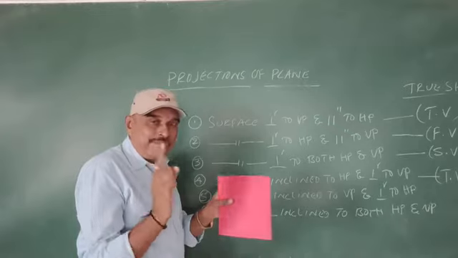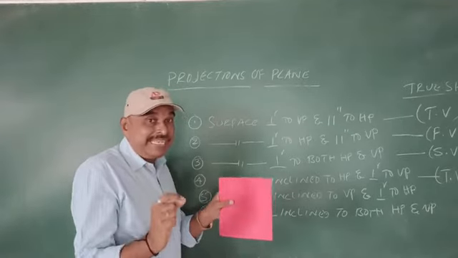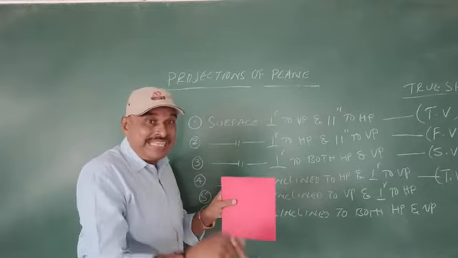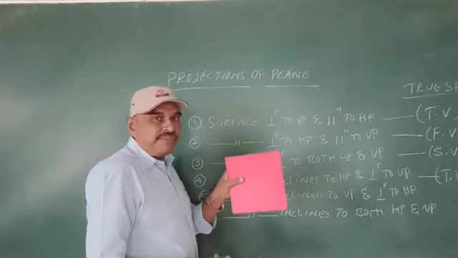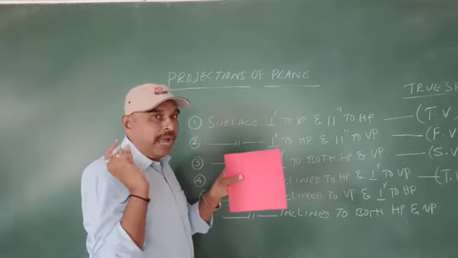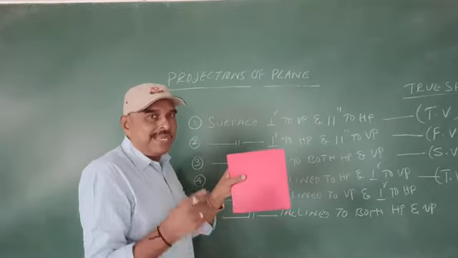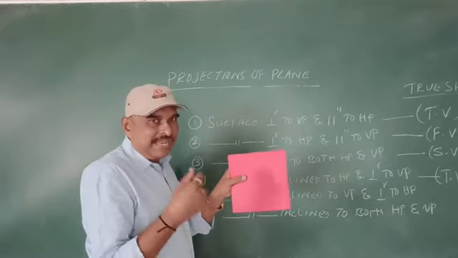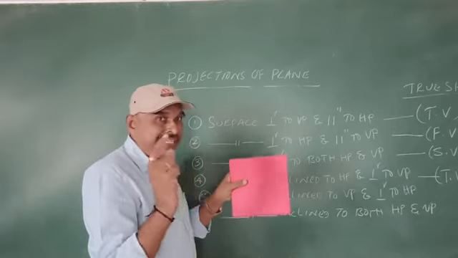That means when the surface is inclined with VP, the inclination can be seen in the HP. And when it is observed from the front, you can see the shape of the object, whether it is a pentagon or a triangle or a square or a rectangle or a hexagon. That shape you can see.